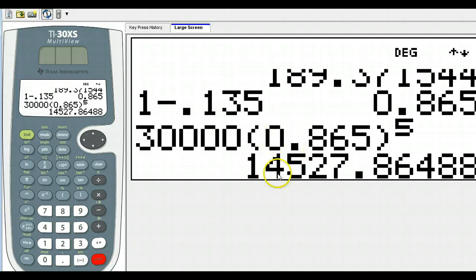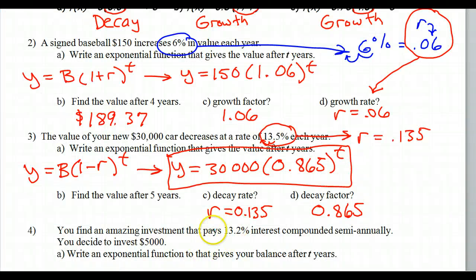So after 5 years, our $30,000 car is now worth only $14,527.86. All right, the 86 cents seems a little silly because it's an estimate anyway, but let's just go with it for now. 14,527.